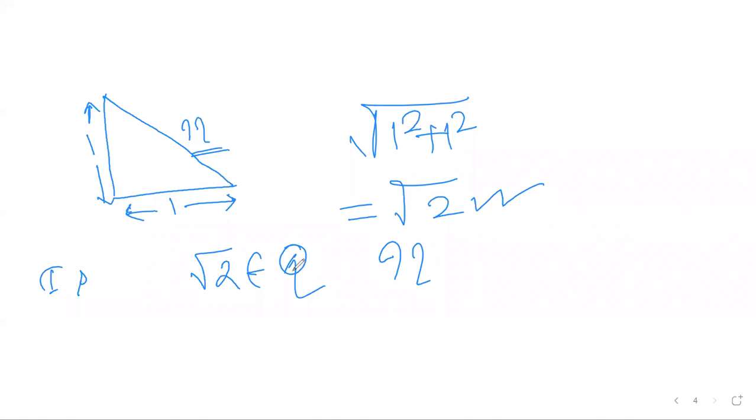So let's see. Let root 2 belong to Q. Then root 2 should be of some P over Q form, right? That gives P squared equals 2 into Q squared.